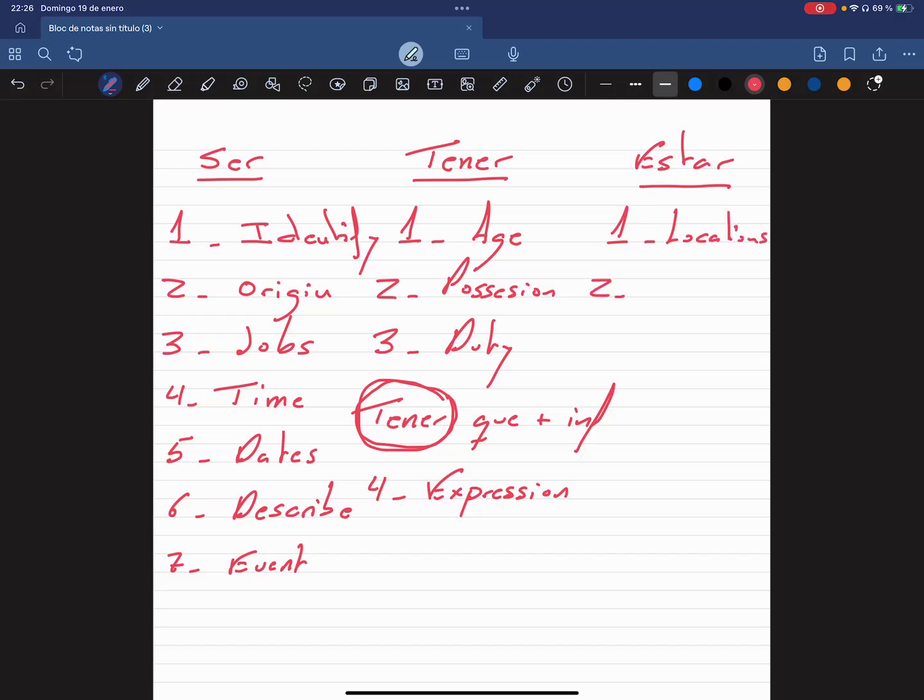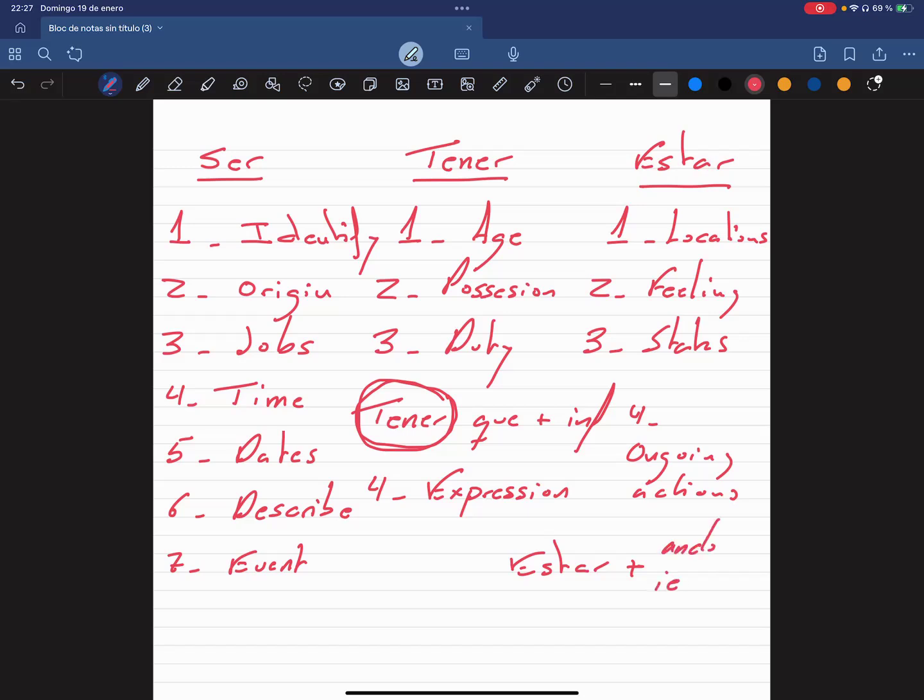We also use it to talk about feelings, states, and finally, we also use it to talk about ongoing actions. Using this structure, estar plus -ing, and the Spanish -ing is ando or yendo. Ando for AR verbs and yendo for ER and IR verbs.